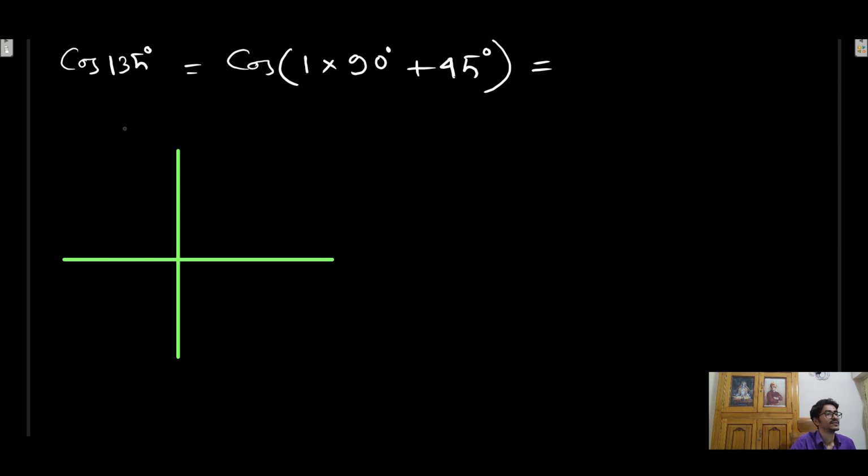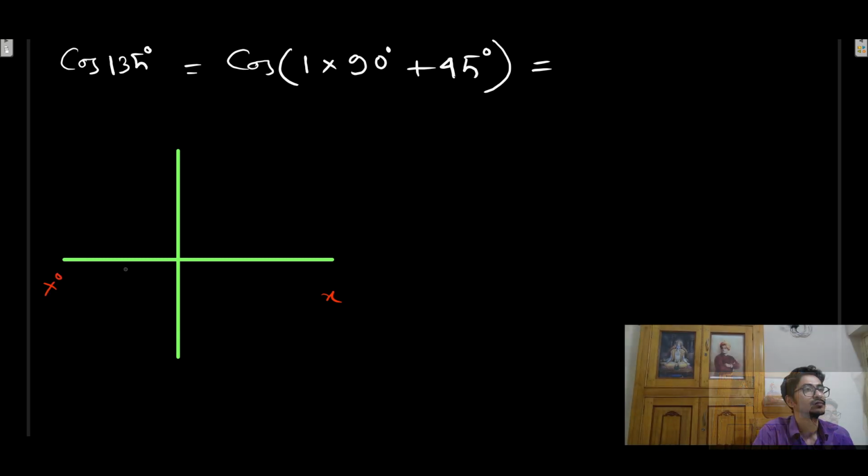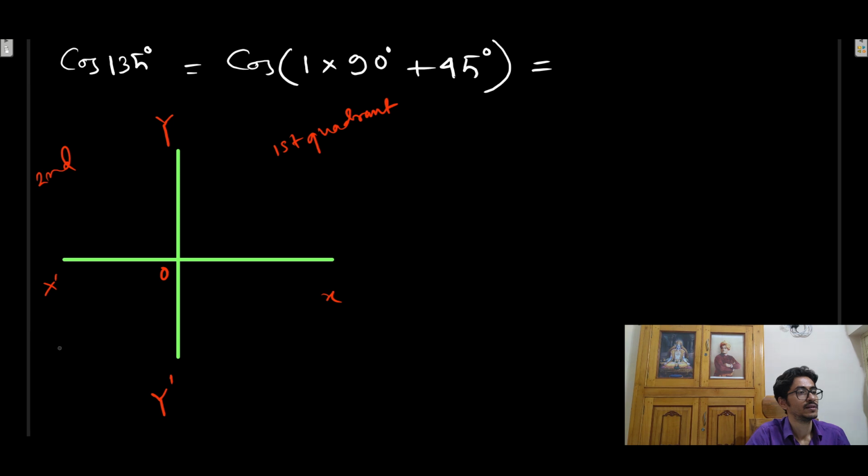Here it is x o x dashed, y o y dashed. This is first quadrant, this is second, this is third, this is fourth. So the rule is all sine, tan, cos.